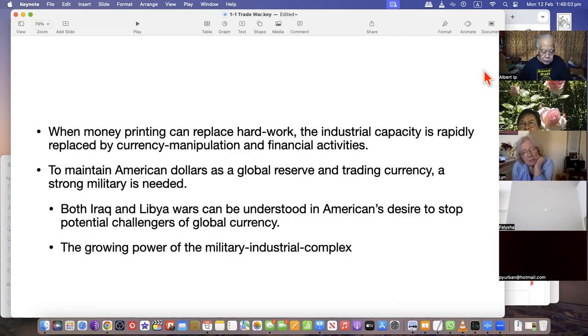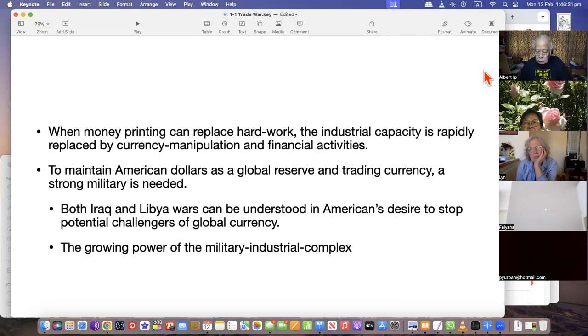So when money printing can replace hard work, the industrial capacity is rapidly replaced by currency manipulation and financial activities. So we see the U.S. changing from a second industry, manufacturing, into the third industry, which is the service industry.